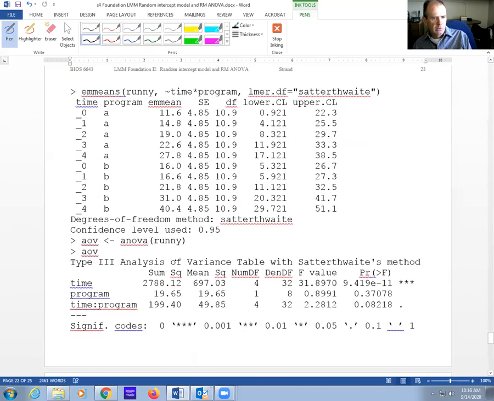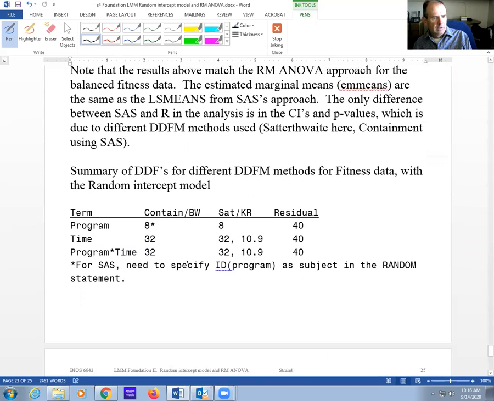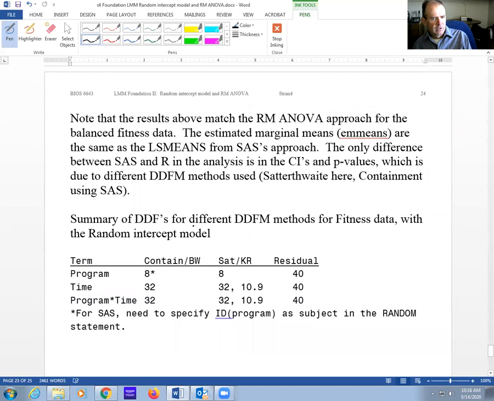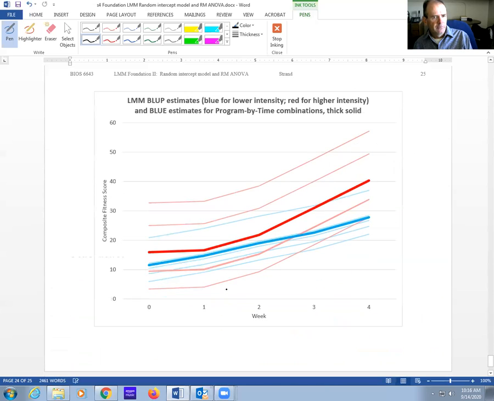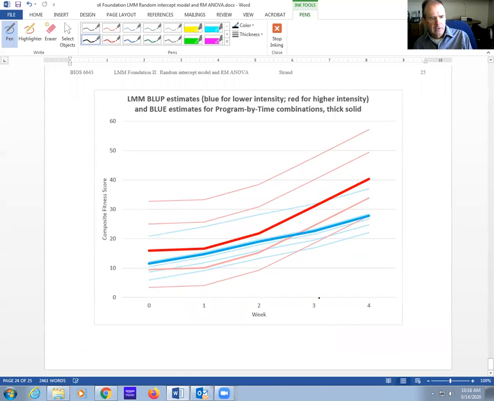So you'll be able to see that the results we get using R are the same. And this is just a mention of the degrees of freedom, which I'll spend more time talking about next week. Different approaches to estimate degrees of freedom. But finally, on the last slide, here I'm just showing the random effect estimates.